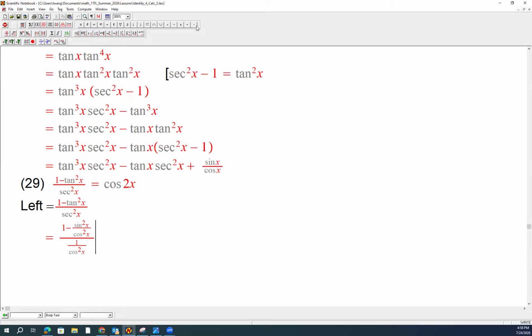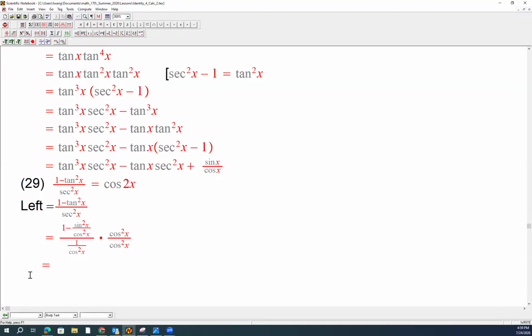If we multiply the top and bottom by cosine squared, this is a common denominator. So we multiply cosine squared on the top, and we multiply cosine squared in the bottom, which is multiplying by 1. Let's see what we get.